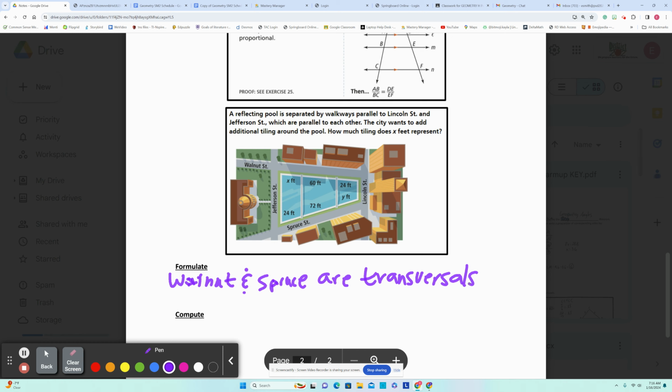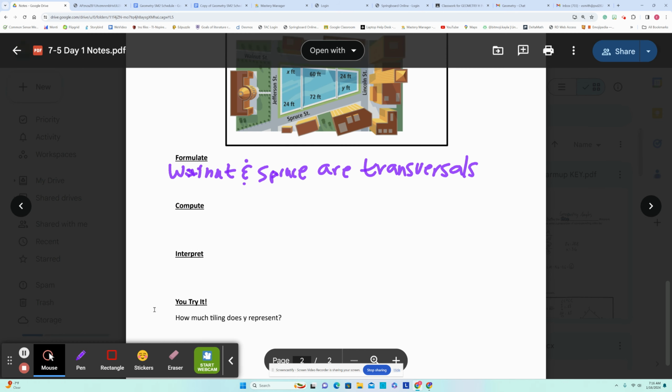Okay, so since those are transversals, we can compute this. So now remember, I have this proportional relationship. So I'm going to have here X over 60. Okay, so this is proportional with this, equals 24. So I'm taking the part that's across from the X over 72, which is a part across from the 60.